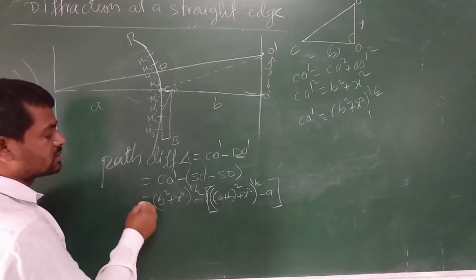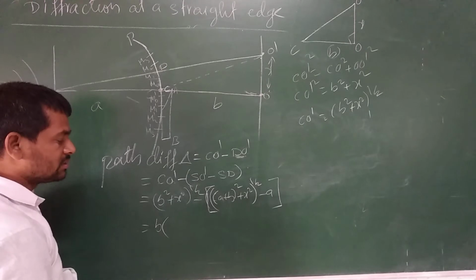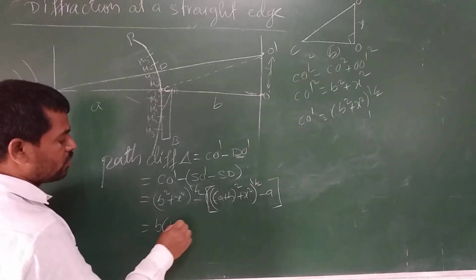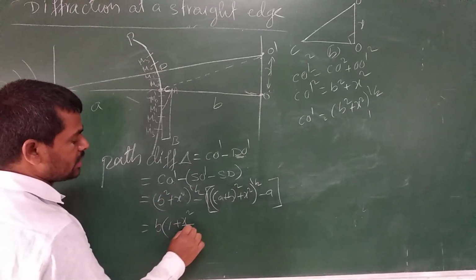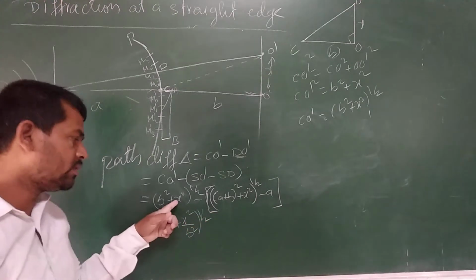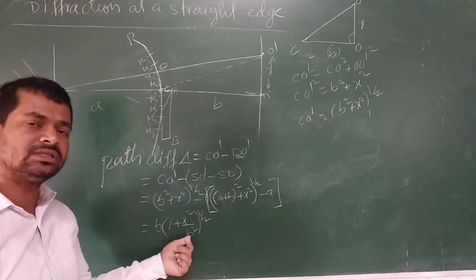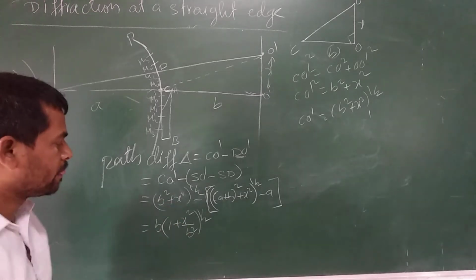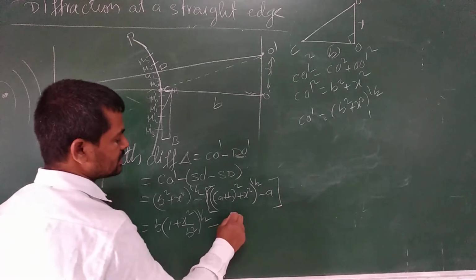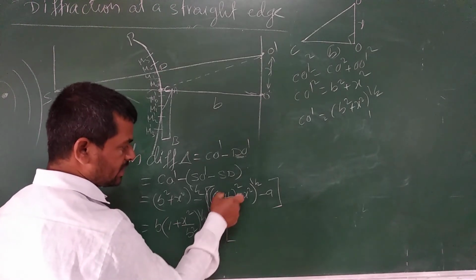Now bring B square outside. B square outside, already the root is there, so it comes outside as B; the square root cancels. Now 1 plus X square by B square power 1 by 2. Here we don't have B square, so if you bring B square outside it comes in the denominator. The same thing, minus bracket, take outside A plus B whole square.